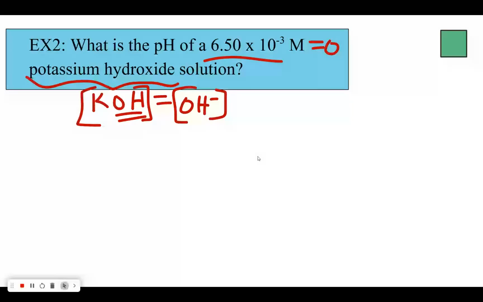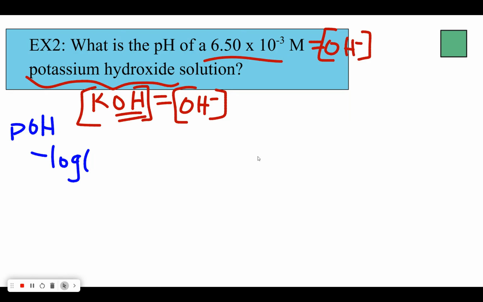This concentration is essentially the hydroxide concentration. So when I take the negative log of that value, I'm going to be finding my pOH, which isn't exactly what I wanted, but I am still getting closer to what I was looking for.